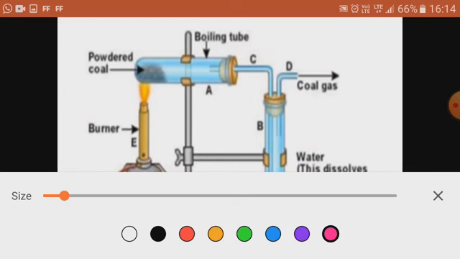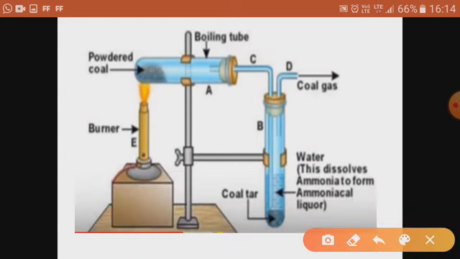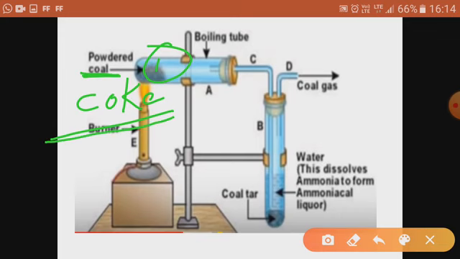Now you must be wondering where the coke is. After we heat coal for some time without providing air, whatever is left behind in test tube A will be coke. So coal basically turns into coke. Initially we used coal, and after heating it strongly for some time, the end product is coke.